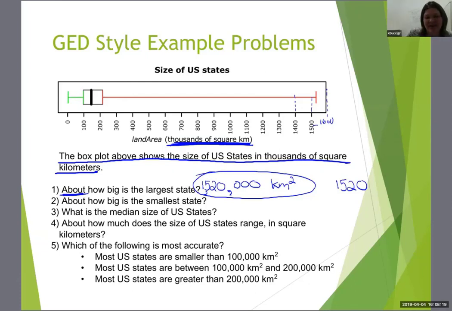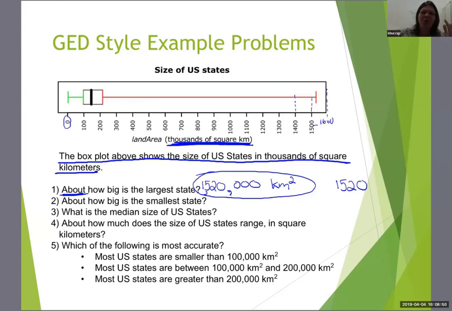And I looked at that graph and I said, the smallest state is 0 square kilometers? What? I had to go Google on the internet to realize what was going on here. But it does say about, so we can approximate, ladies. So it's really close to 0, but guess what? I don't think there's any state that doesn't exist. So it's got to be some number, but we could do an approximation.